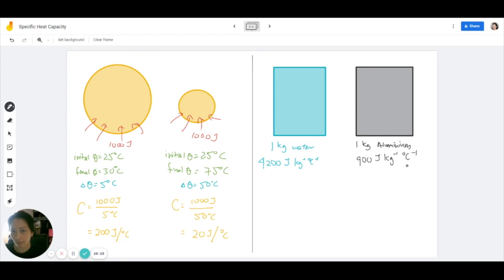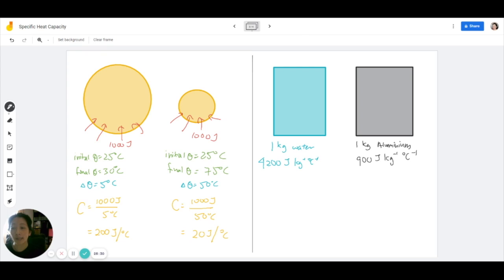The smaller the number, the less heat energy you need to change the temperature by 1 degree Celsius. In this case, the number is for that material. So if you have 1 kg aluminium, you only need 900 joules of energy to increase its temperature by 1 degree Celsius. But for the equivalent mass of water, 1 kilogram, you need to change 1 degree Celsius temperature, you need 4,200 joules of energy.